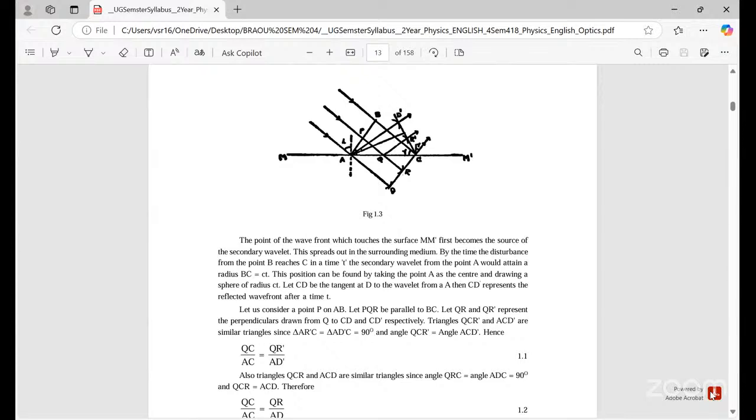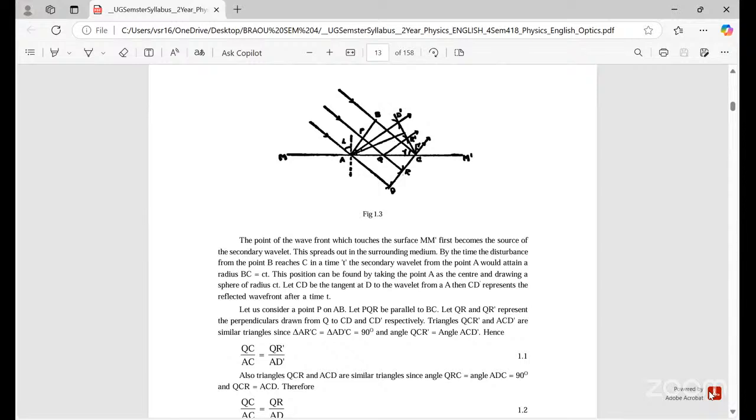Let us consider r equals small ct. BC equals speed into time, that means how much distance may be traveled by these wavelets. Getting my point? So the position you can easily find by taking the point A as the center, and drawing a sphere with the radius ct.